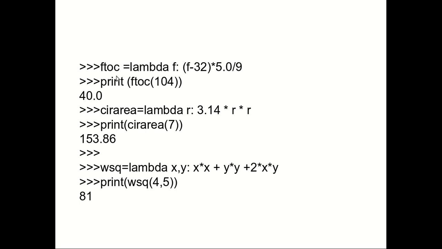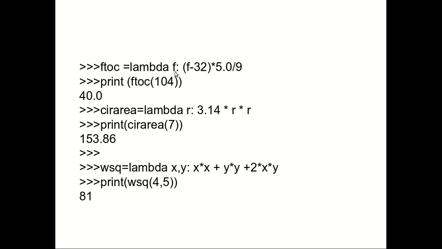We define, let's say, Fahrenheit to centigrade, and we denote that with a variable, F2C. This becomes the name of the function. So F2C equals lambda, then a space, and the left hand side of the colon is the argument.